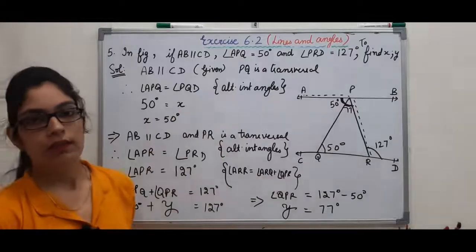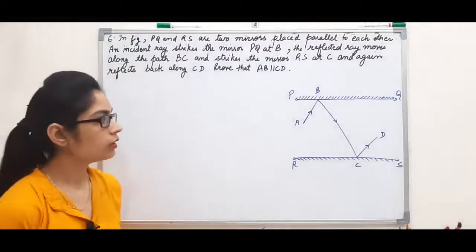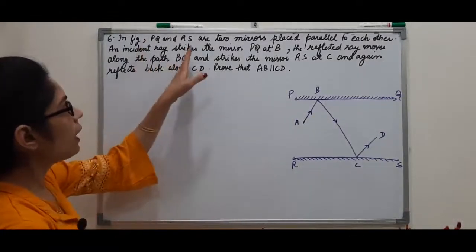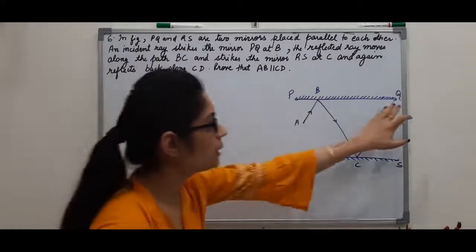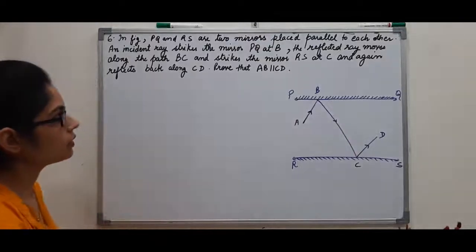Now let's do the next question. In this question, this figure is given to us and it's given PQ and RS are two mirrors placed parallel to each other. So this is PQ and RS. These are two mirrors which are placed parallel to each other.